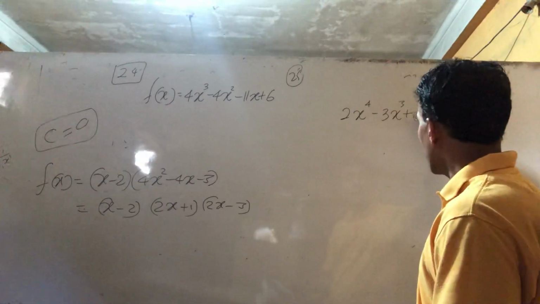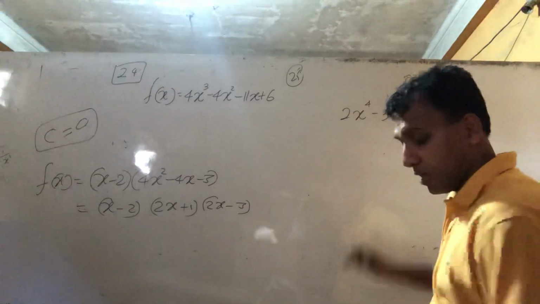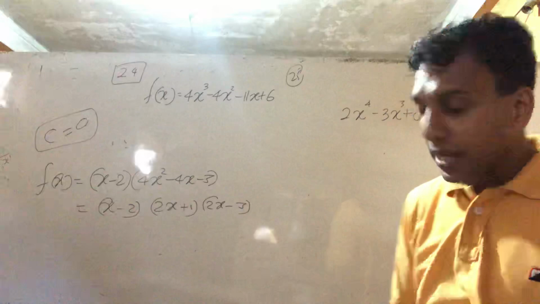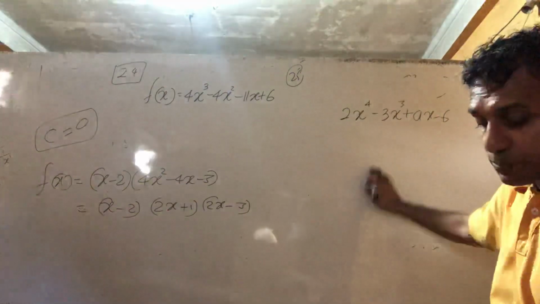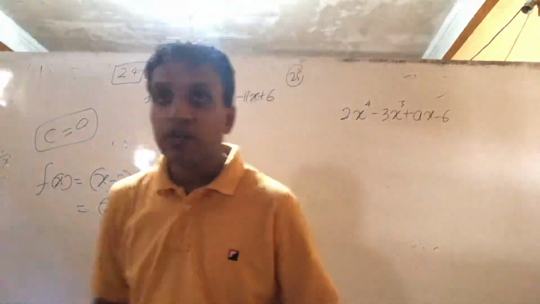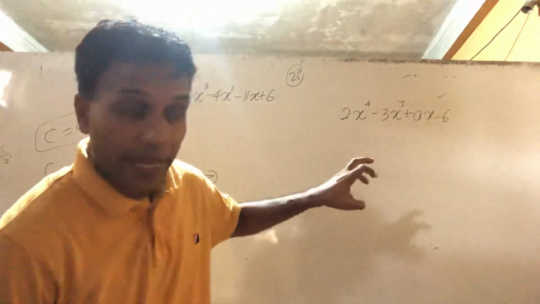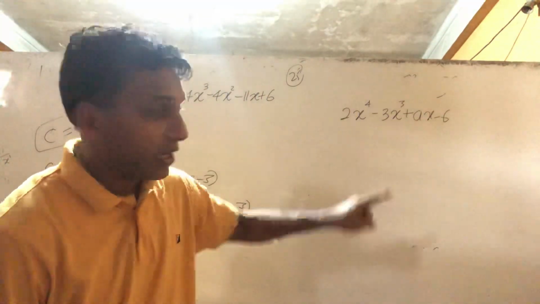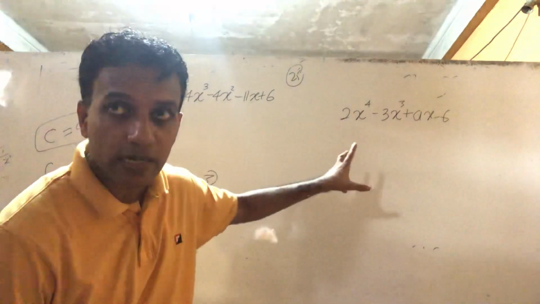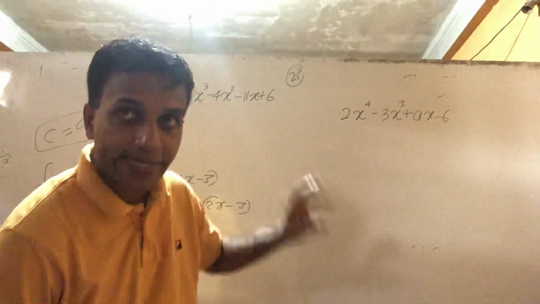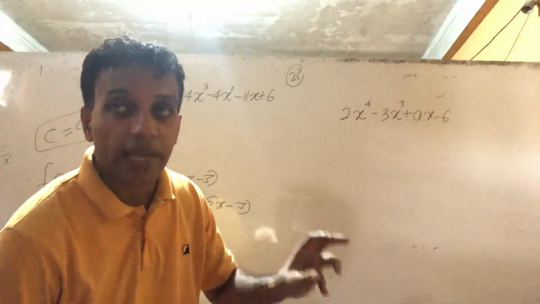The question is, for what value of a can it be divisible by x plus 2? If x plus 2 is a factor, what is the value of a?